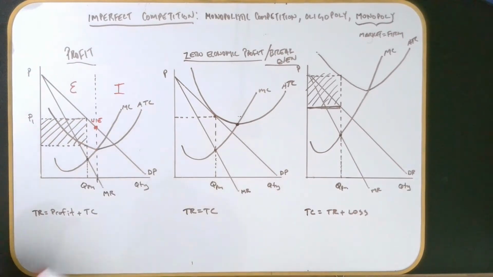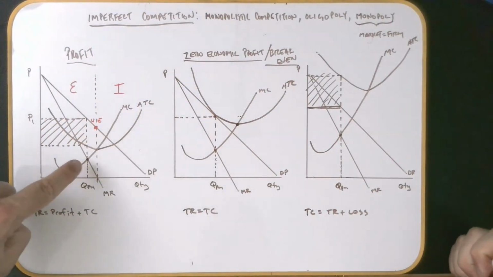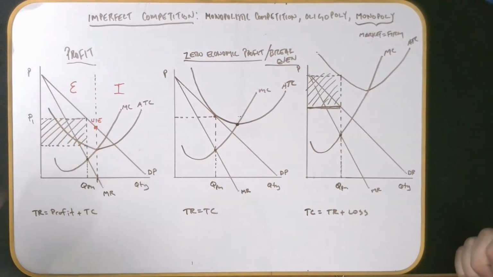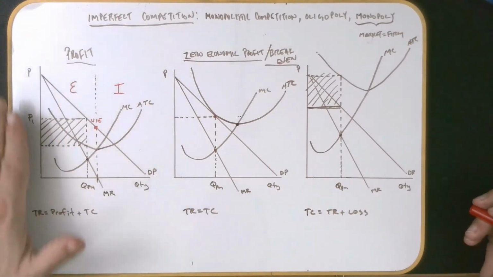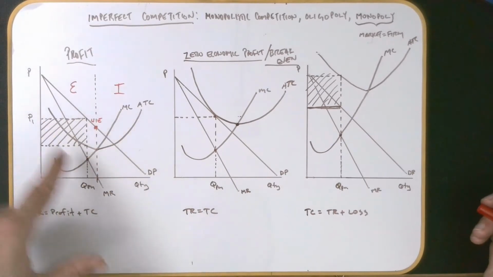I'm going to put a UE right there. Well, if you are in the elastic zone where profit maximization is occurring and you decide to raise the price, listen real close. If you are elastic and you raise the price, people walk away, you'll make less money. You could only raise the price in the inelastic zone to make more money. So since we're always in the elastic zone, we're very concerned about MR equals MC.